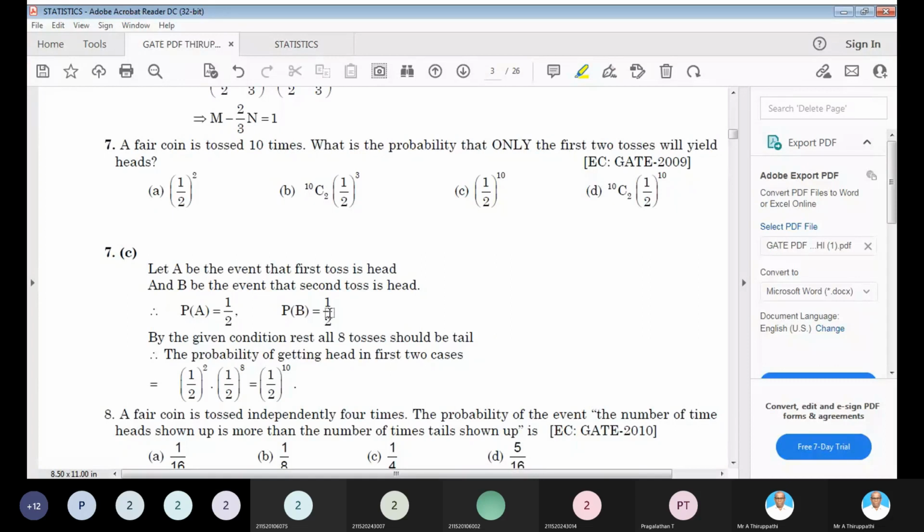First two heads, and the remaining will be tails. So 1 by 2 to the power 2 for the heads, and the remaining 8 times into 1 by 2 to the power 8. So totally 1 by 2 to the power 10.